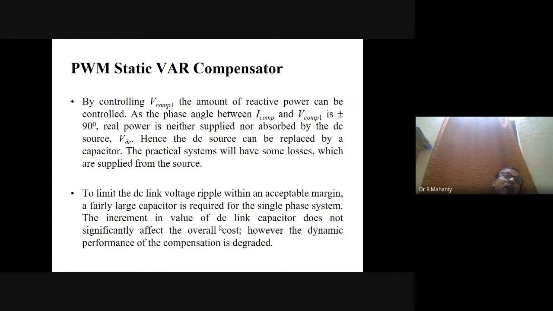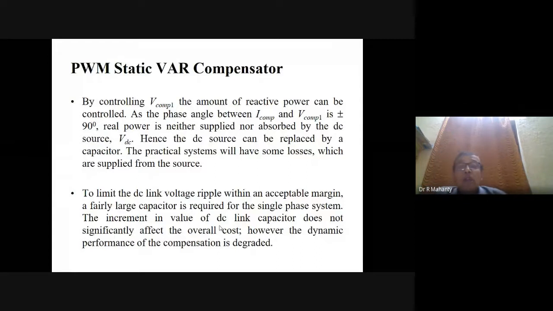Either it behaves like a capacitor when V compensation 1 is greater than Vs, or as an inductor when V compensation 1 is less than Vs. So the phase angle between V compensation and I compensation is plus or minus 90 degrees.